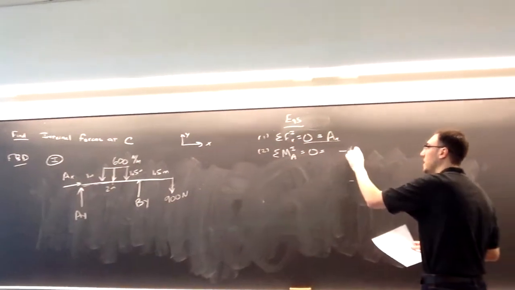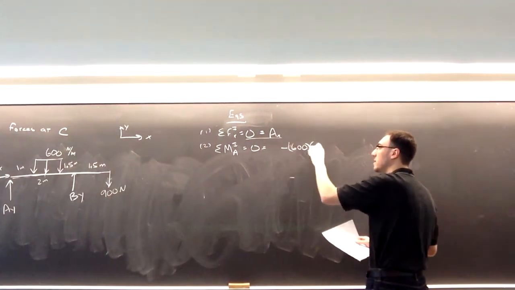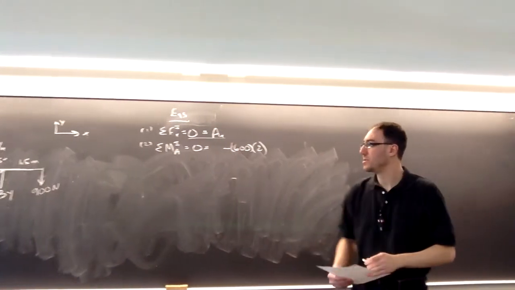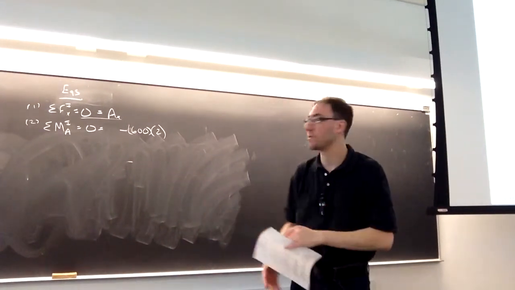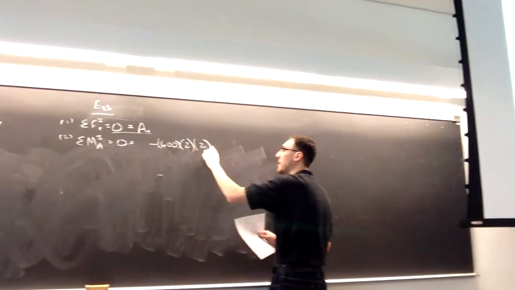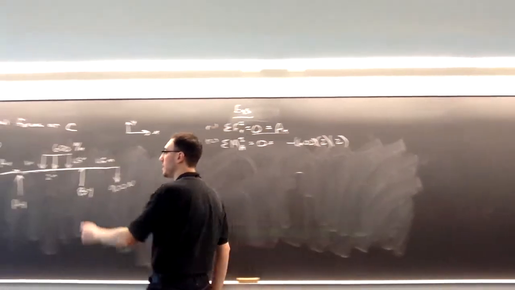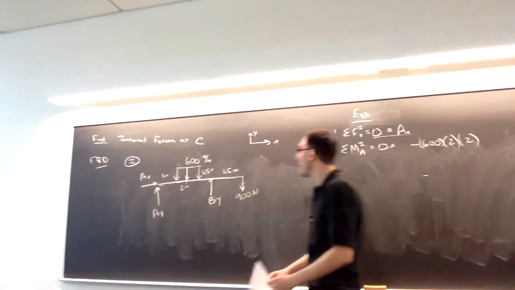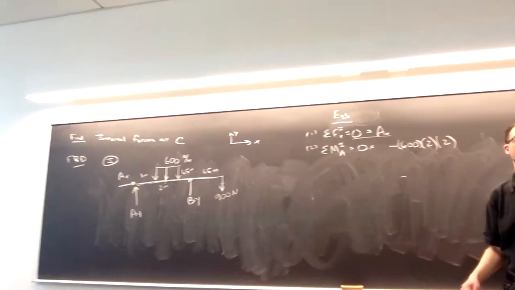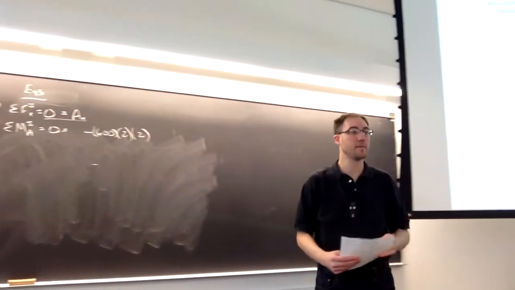It's a negative 600, the intensity, times its length it's acting on, 2 meters, times 2, because that's how far the center point of it is from point A. Again, it's going to be negative because it's acting clockwise around point A.